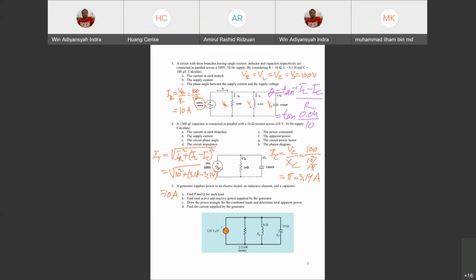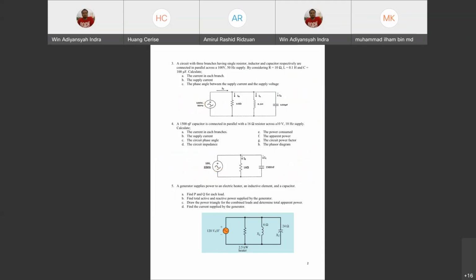Okay, we proceed to question 4. A 1500 nanofarad capacitor is connected in parallel with a 16 ohm resistor across a 10 volt, 10 hertz supply.